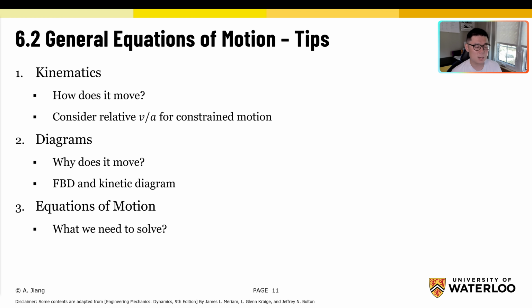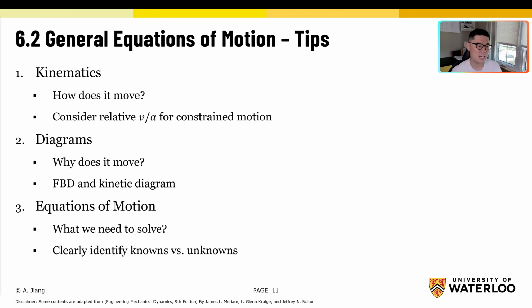For diagrams, other than the free body diagram, there is the kinetic diagram, remember the right-hand side, the ma and H dot, the time rate of change of angular momentum. The kinetic diagram can be very helpful in terms of understanding the root cause of certain movements, why it moves this way, why it rotates.